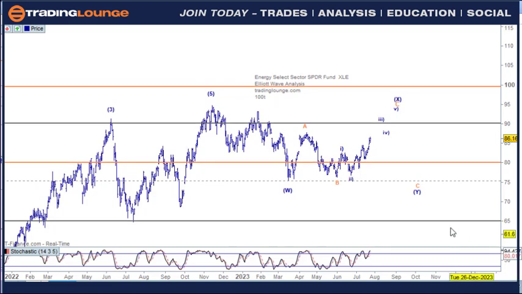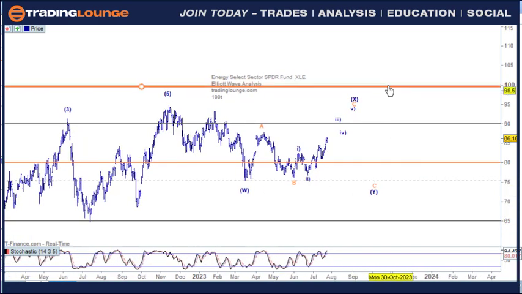Now, this is a bit of a guessing game over here, and it could be bullish. And the takeaway here for the energy sector, this particular ETF here, this particular move here is corrective. Okay, so that means that this top here is going to be taken out. And if that top is going to be taken out, the market's going to be sucked up to 100.